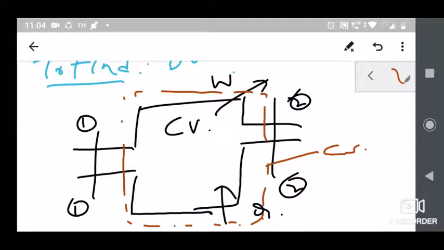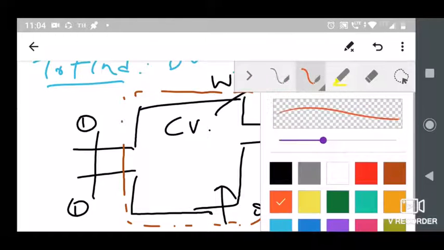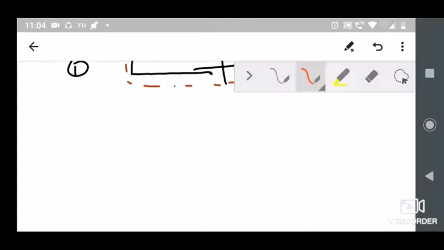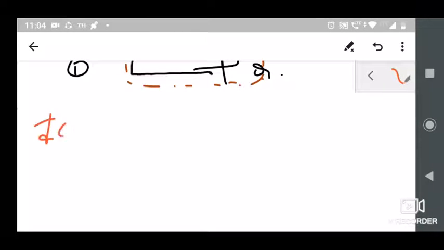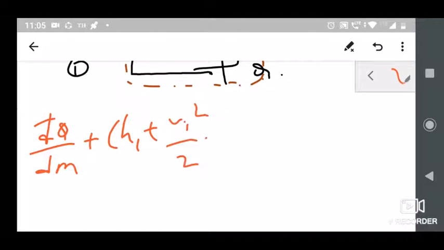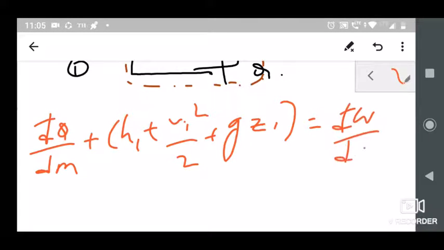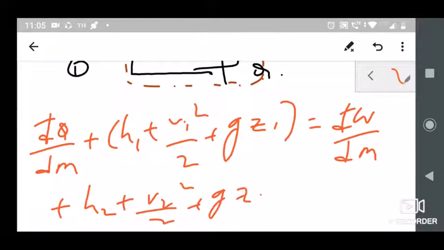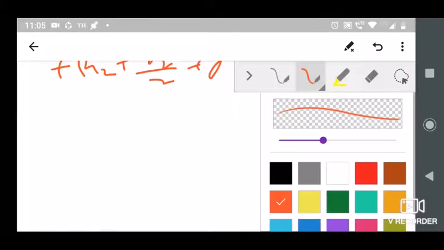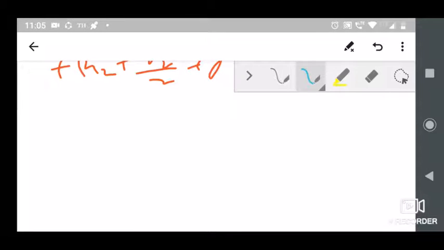Next, write down the formula. d dash Q by dm plus h1 plus v1 square by 2 plus z1 is equal to d dash w by dm plus h2 plus v2 square by 2 plus z2.